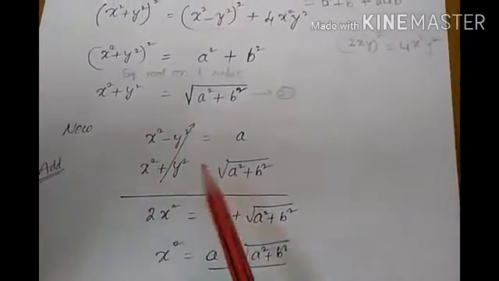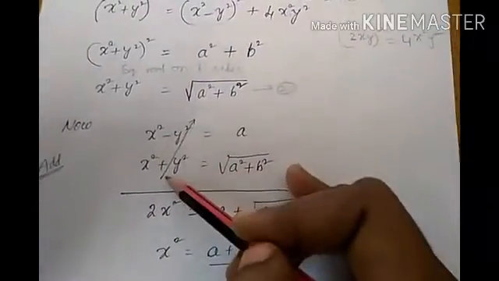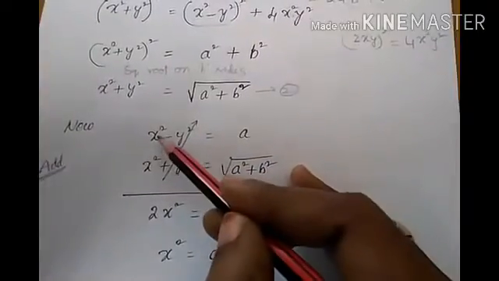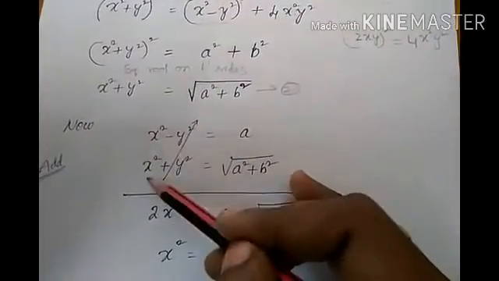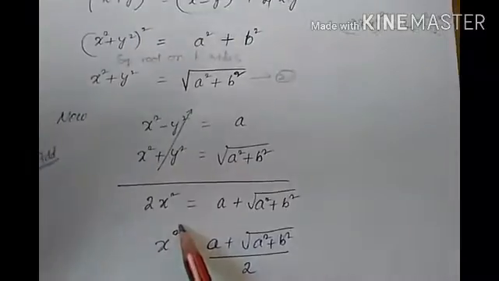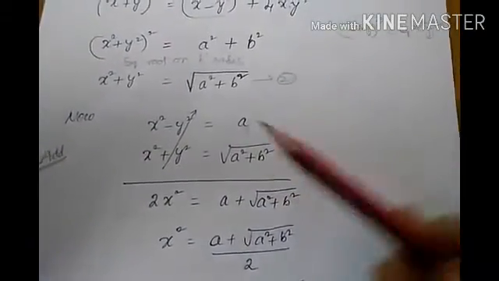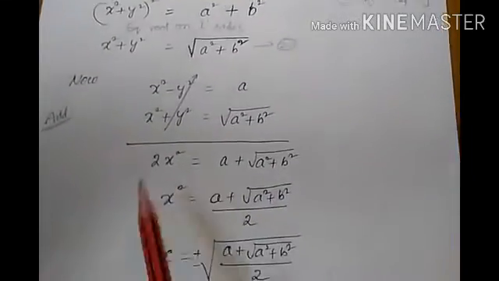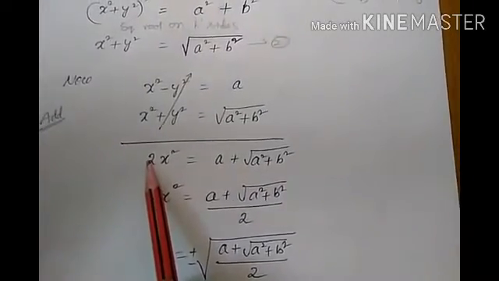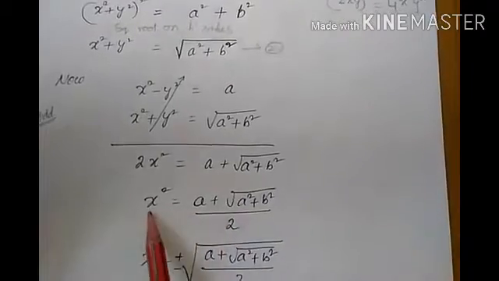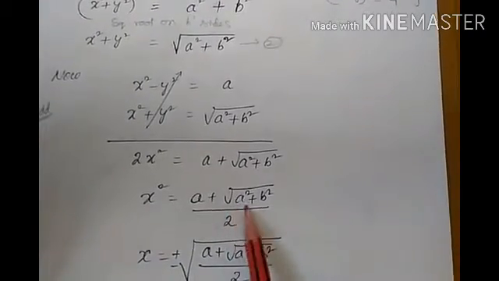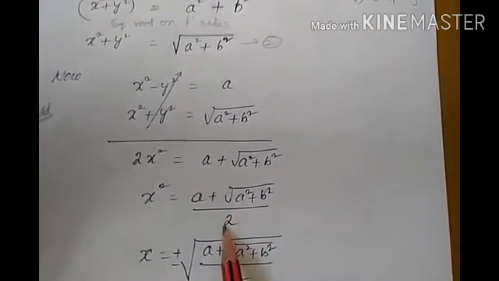Add these two. Then minus y square and plus y square get cancelled. You get 2x square equal to a plus square root of a square plus b square. Now transpose, then x square equal to a plus square root of a square plus b square by 2.